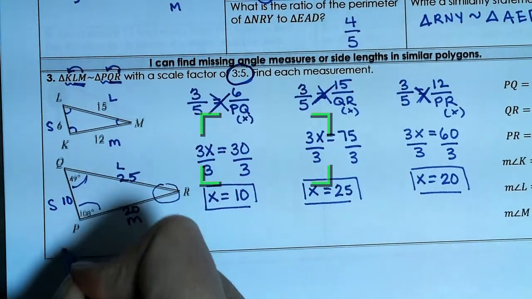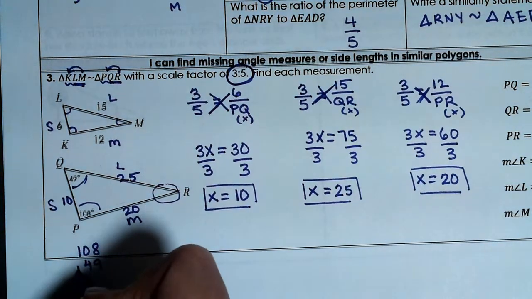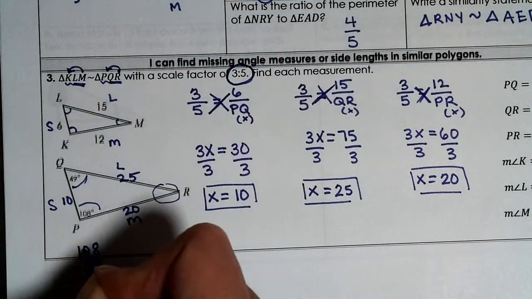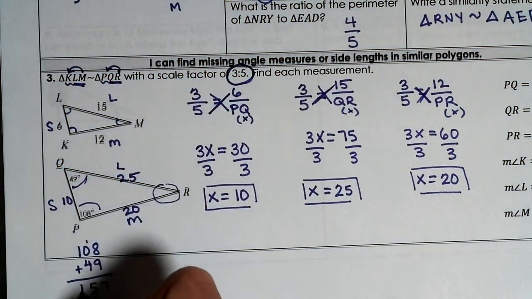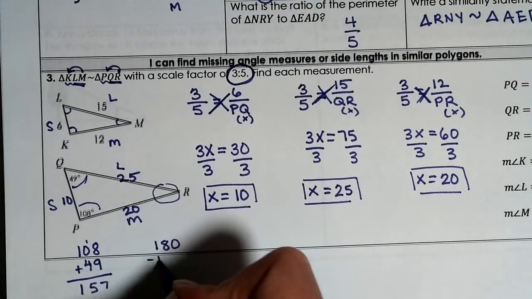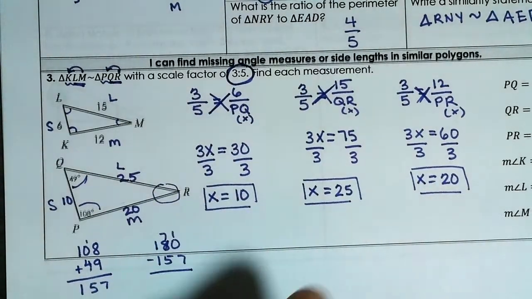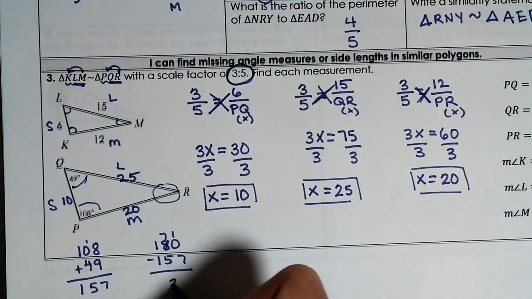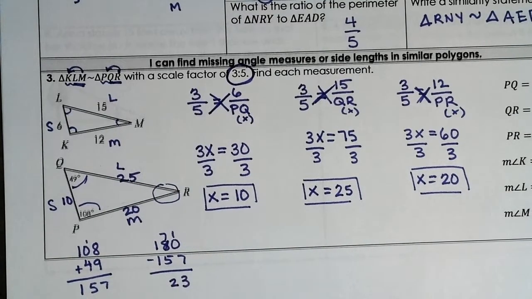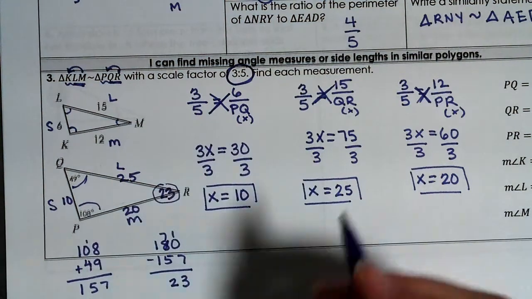So first I'm going to add 108 and 49, which is 157, and I'm going to subtract that from 180 to find my missing angle. So I know that this missing angle is 23 degrees.